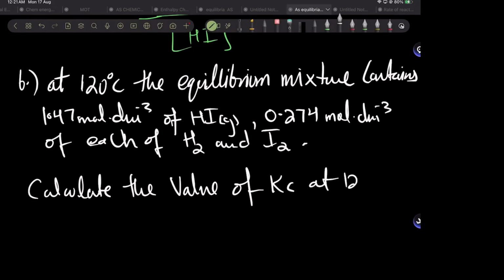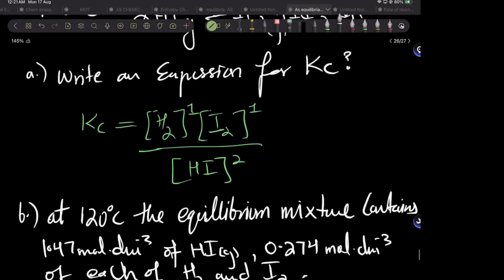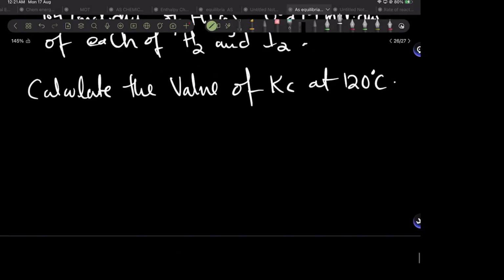at 120 degrees Celsius. Now remember that any equilibrium constant that you have is dependent on temperature, right? Do you remember that temperature was a factor that affected equilibrium? Yep. You did that yesterday in Le Chatelier's principle. So remember that equilibrium constant is dependent on temperature. We'll write this over here.